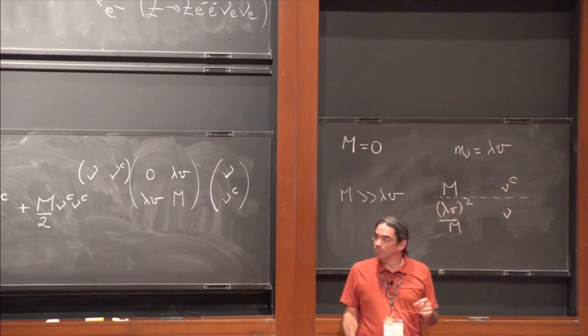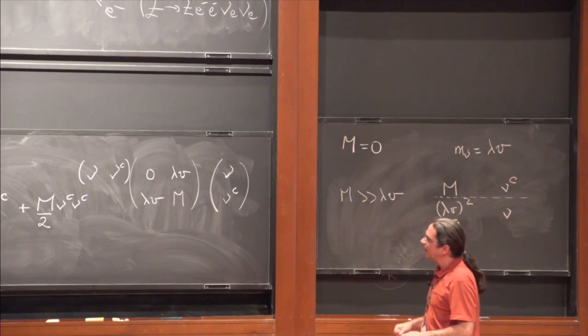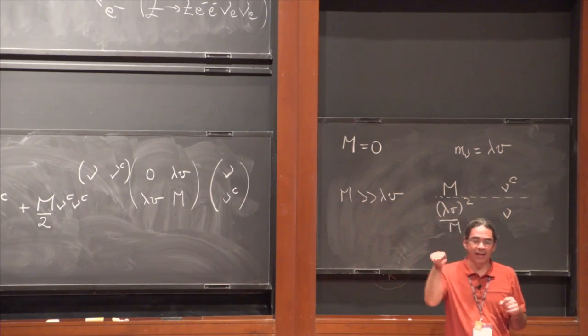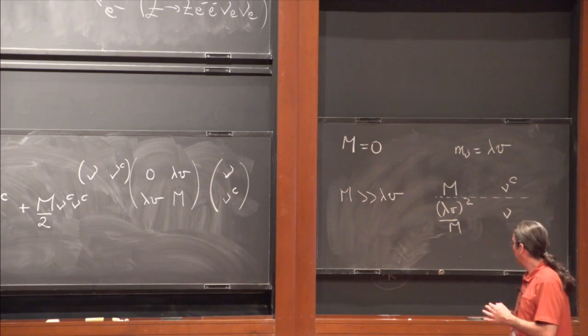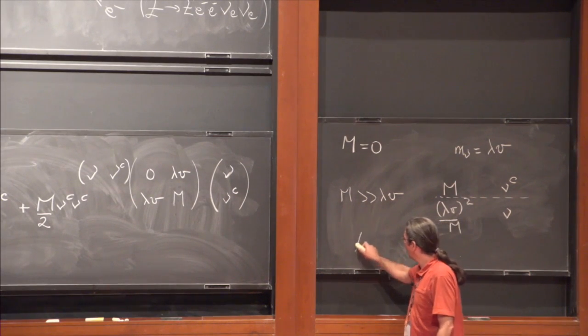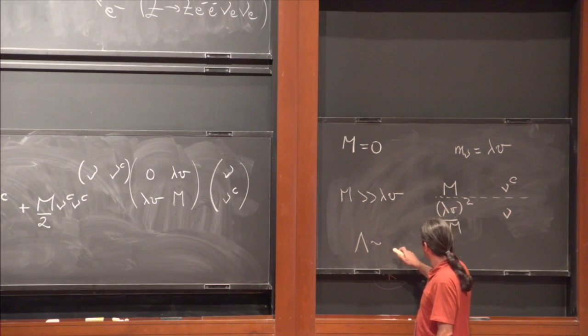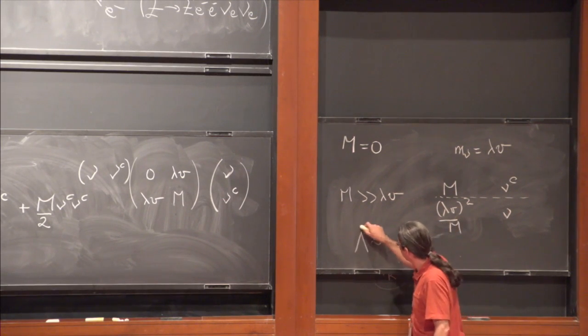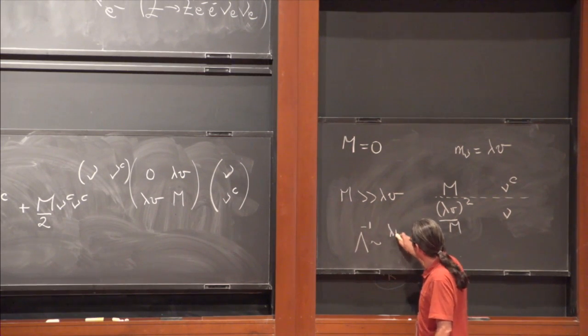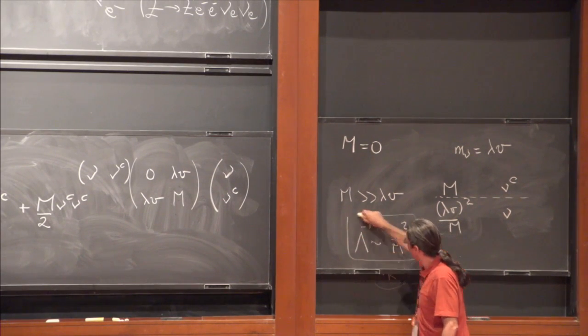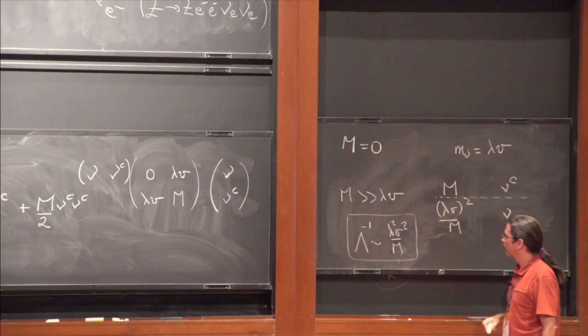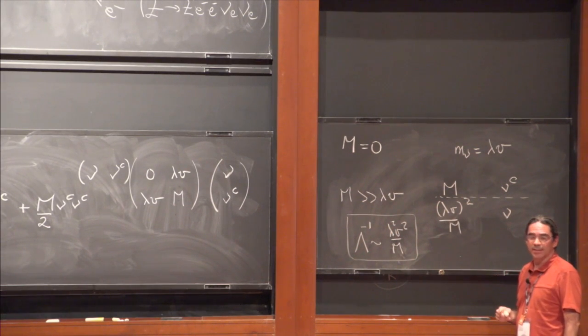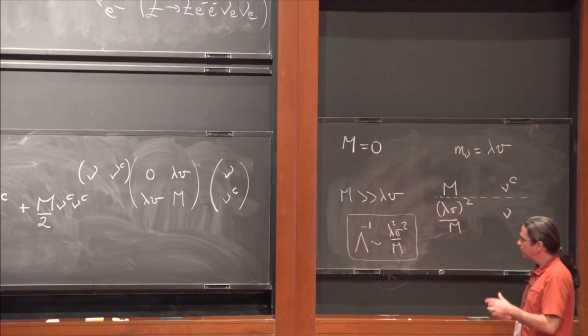And of course, in this model, all that I'm doing is realizing the Weinberg operator, this LH squared over lambda, in a way where 1 over lambda is lambda v squared over m. Okay? So this is a way of realizing that dimension 5 operator, which I talked about before.